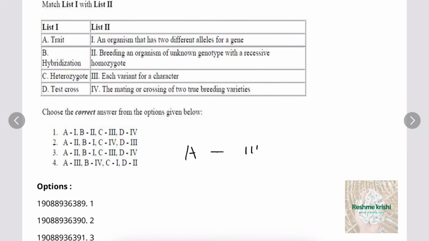So it is 3. What is B? Hybridization. Hybridization means what? The mating or crossing of 2 true breeds. That is known as hybridization. Then comes C, heterozygote. Heterozygote is an organism that has 2 different alleles for a gene. So where is this option? 3, 4, 1. The answer is 4.